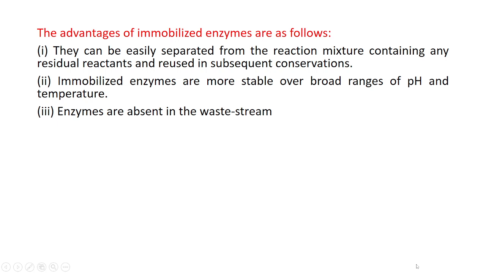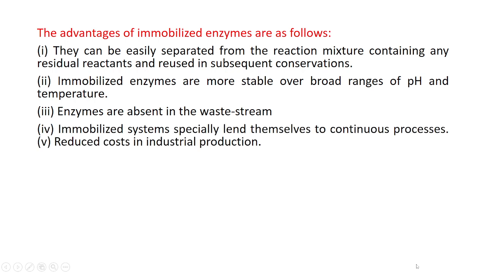Whatever waste you let out of a bioreactor won't have any enzyme, so the enzyme denaturing step can be omitted. The enzyme can be continuously used. This is a continuous process, reusing the enzyme, and hence reduced costs in industrial production. You can reuse the enzyme many times, so it is cost effective.